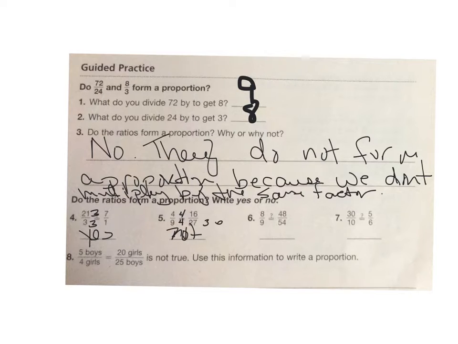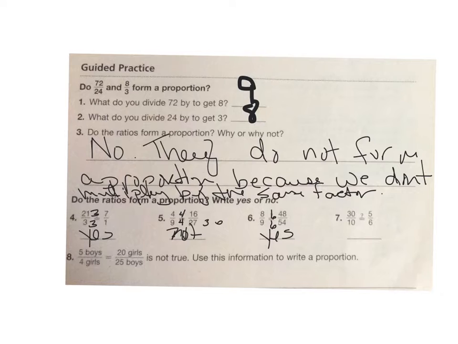So no. What about 8/9 and 48/54? If I multiply 8 by 6, I'm going to get 48. And if I multiply 9 times 6, I'm going to get 54. So if we use multiplication for this one, it does show that it's a proportion.